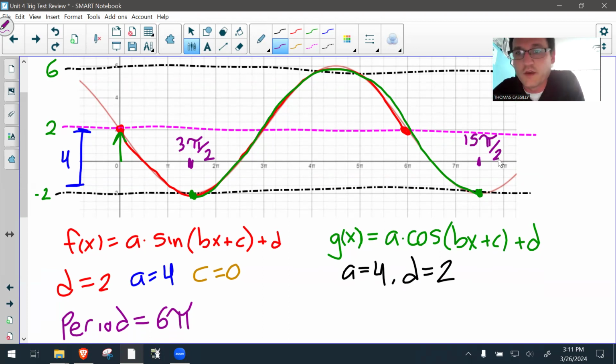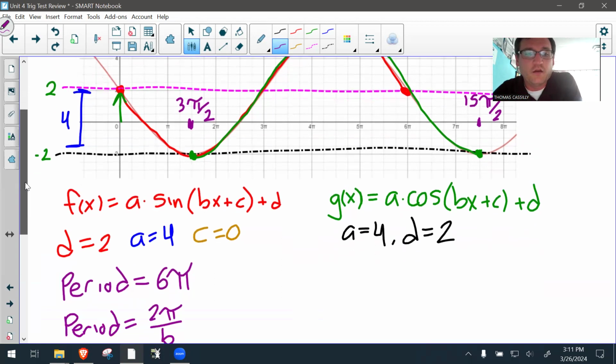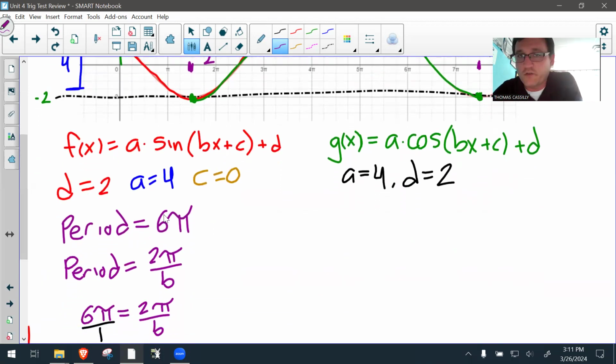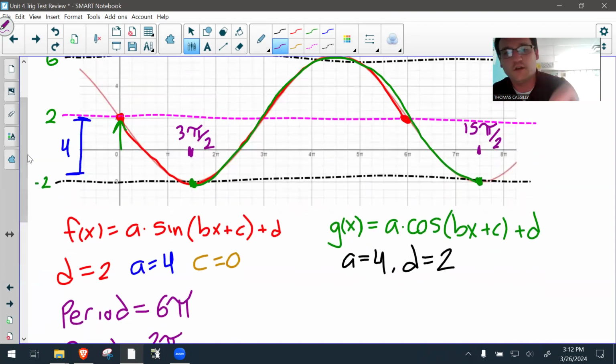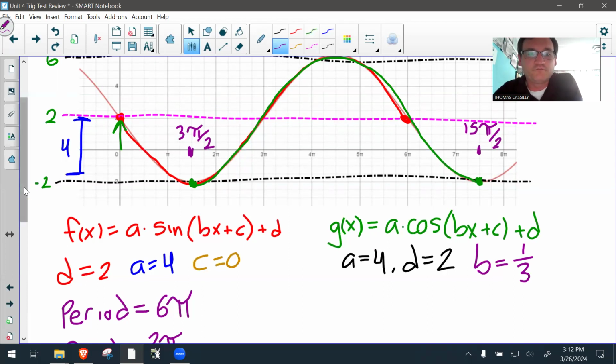If we subtract those, 15 minus 3 gives us 12. 12 pi over 2 leaves us with the 6 pi. All right, so our period is still 6 pi. So that means our b value also stays the same. All right, so I'm going to write that one. B equals 1/3. Right, that tells us the length of our period.